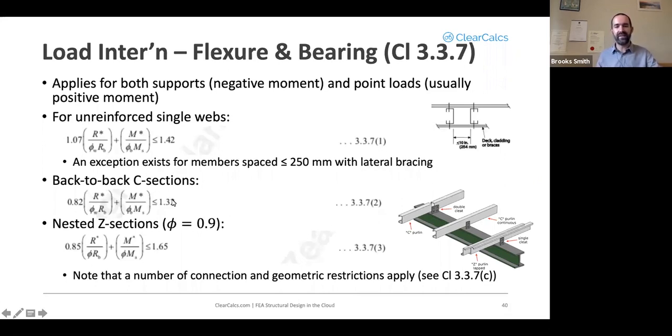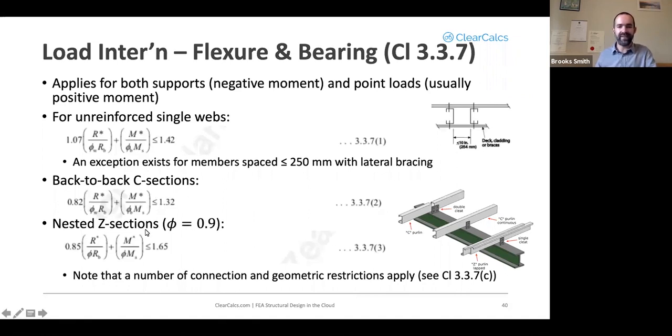If you have back-to-back C-sections, you use the second equation here, and if you have nested Z-sections, you use the third equation. Slightly confusing again with this. For the first two equations, you're using your phi sub W and phi sub B that you had from your original bearing and web crippling or bending calculations.